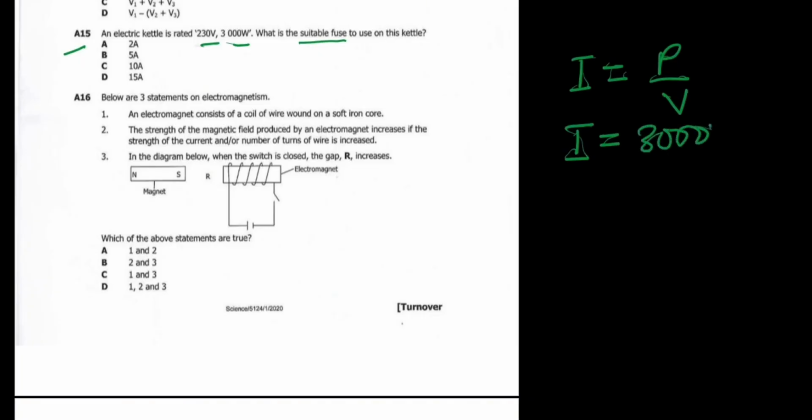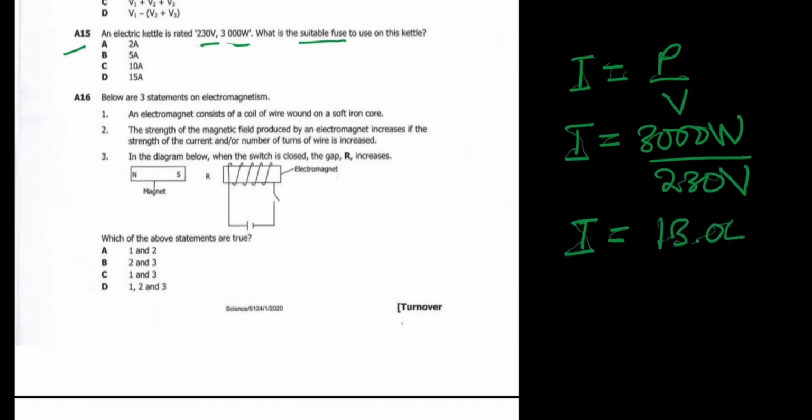Notice that it is 3000 watts. And the voltage is actually 230 volts. So the current is going to be 13.04 amps. So this is the current flowing into the electric kettle that we have, because these are the ratings that we have.